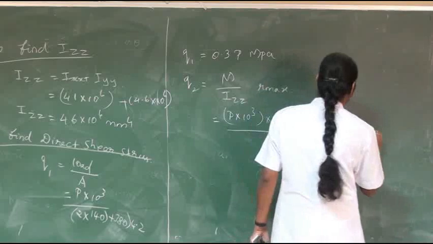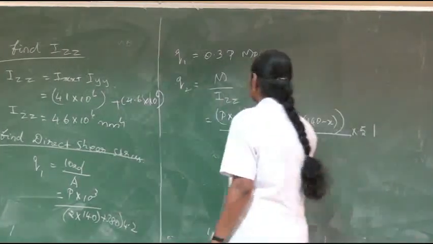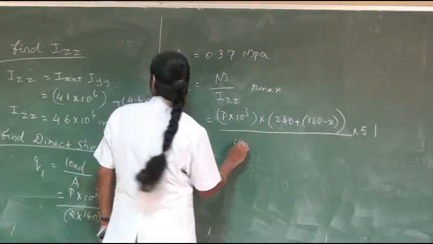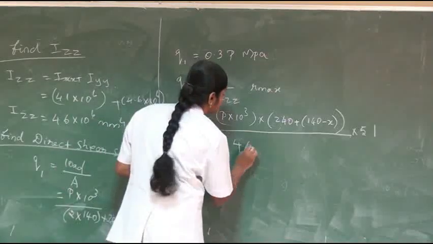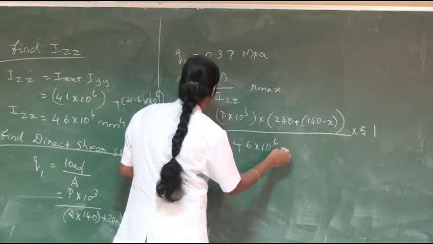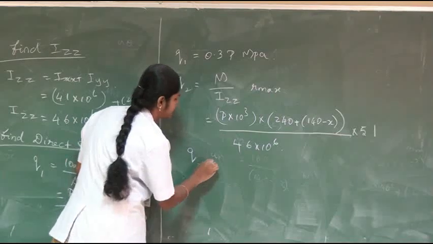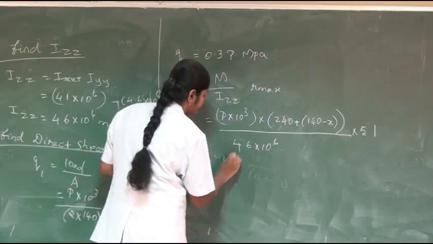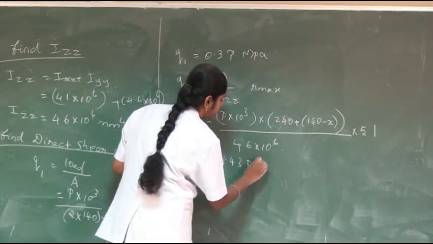R max is 192 and Izz is 4.46 into 10 to the power 6. In Q2 the answer is 1.43 P MPa.